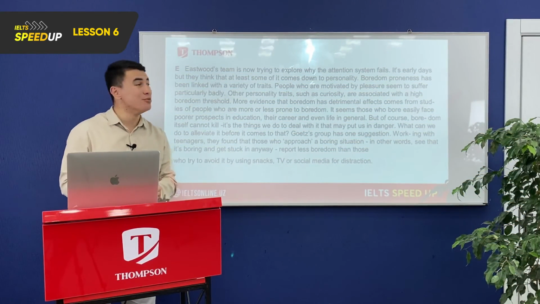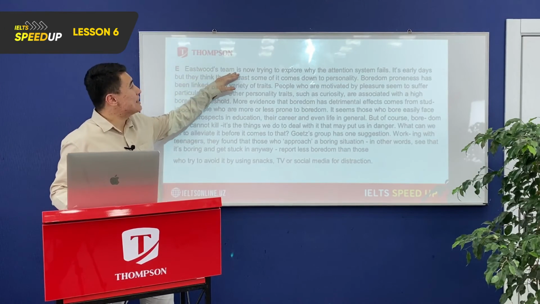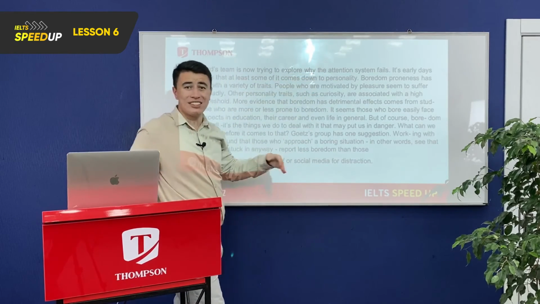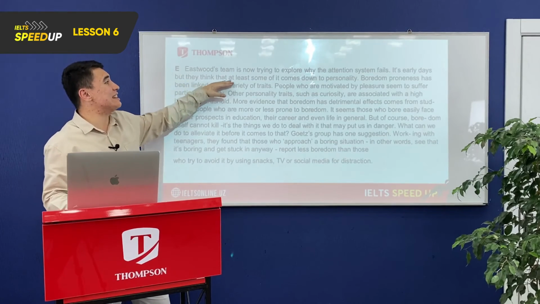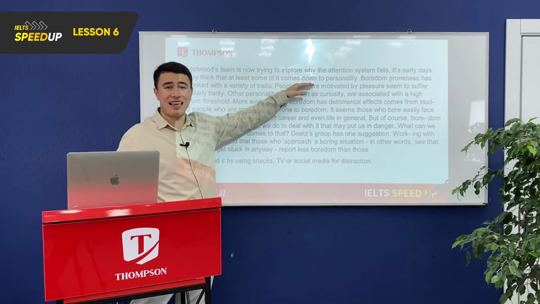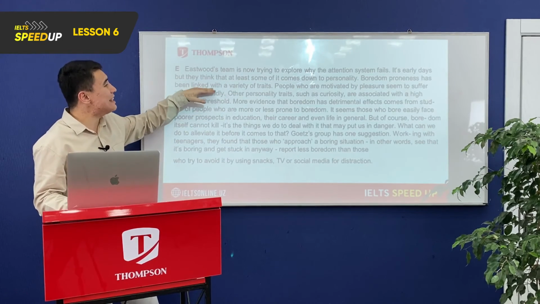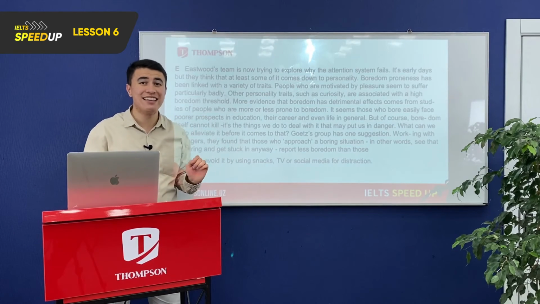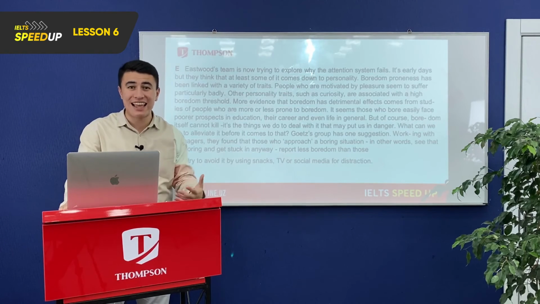Okay, let's move to paragraph E. Eastwood's team is now trying to explore why the attention system fails. It's early days, but they think that at least some of it comes down to personality. Boredom proneness has been linked with a variety of traits. So what do they want to say in these sentences?